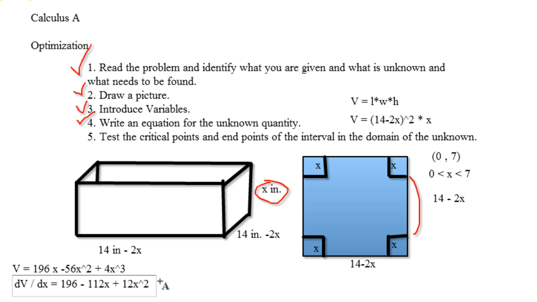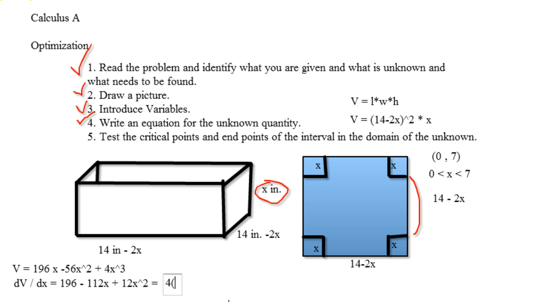Now if I try to factor something out of each one of these, it always makes my job a lot easier. 196 divided by 12 doesn't come out evenly, and 196 divided by 6 doesn't come out evenly, but 196 divided by 4 does. So I can probably divide out a 4 from all of these.